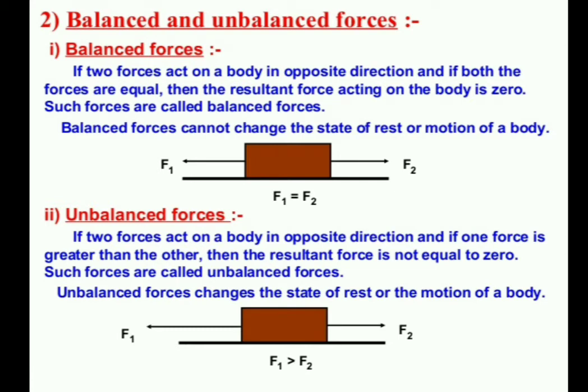Such forces are called unbalanced forces. Unbalanced forces change the state of rest or motion of the body. Here the equation is F1 greater than F2, otherwise F2 greater than F1, depending upon which of the two forces is larger. So here F1 is greater.